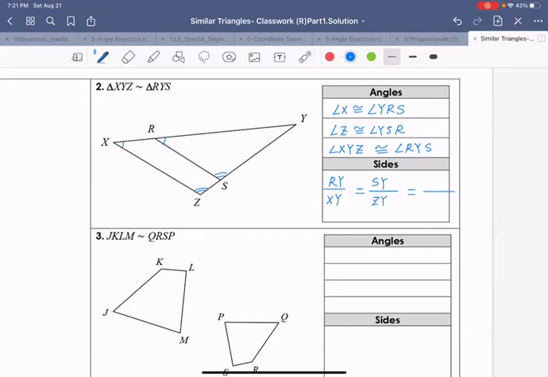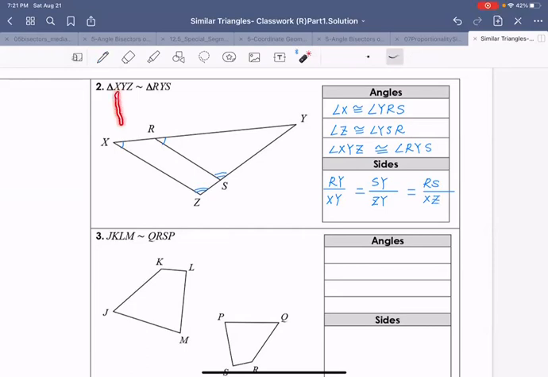Equals RS over XZ. This guy, you see? Oh yeah, RS over XZ. Yes. Okay.